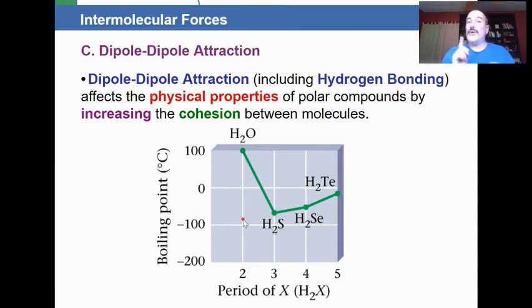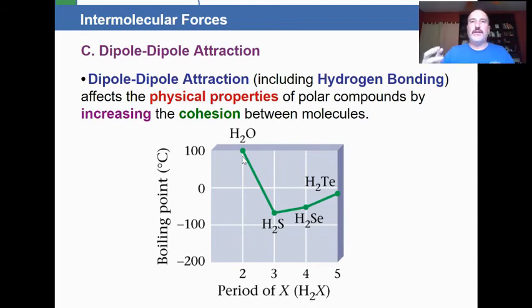It should have a boiling point of about negative 100 because it's so small and light. But instead of being negative 100, it's way up here at a positive 100 degrees Celsius. That 200-degree difference is caused solely by the hydrogen bonding, okay?